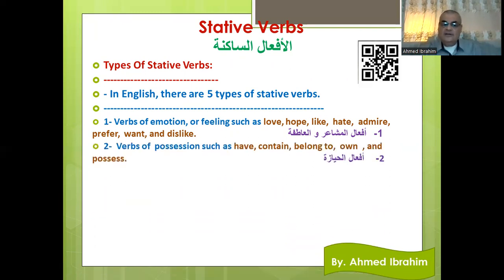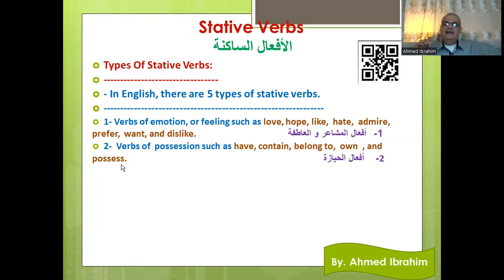Okay, number 2, verbs of possession, such as have, contain, belong to, own, and possess.